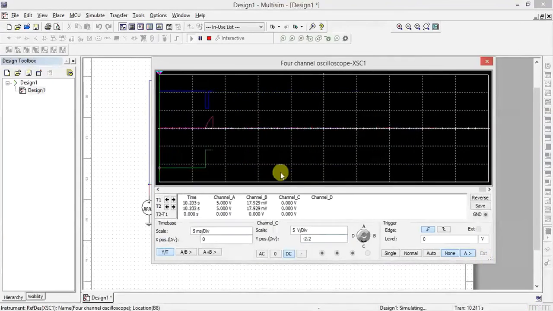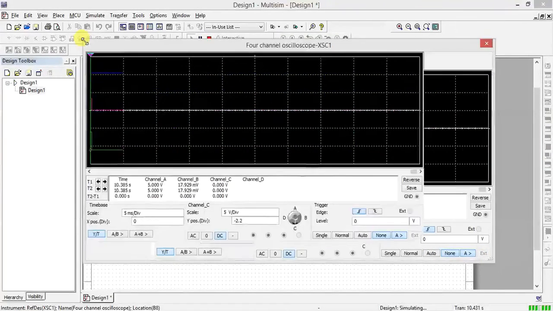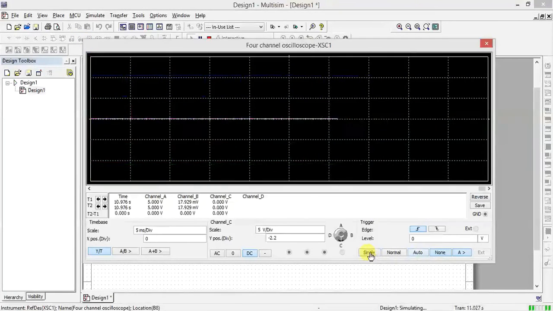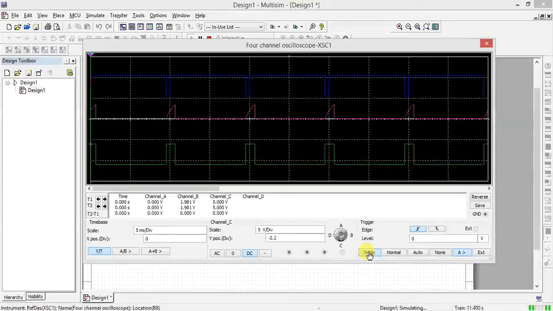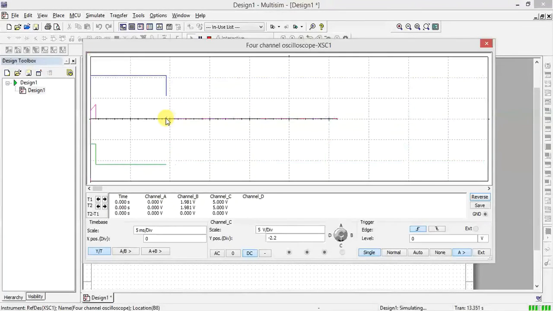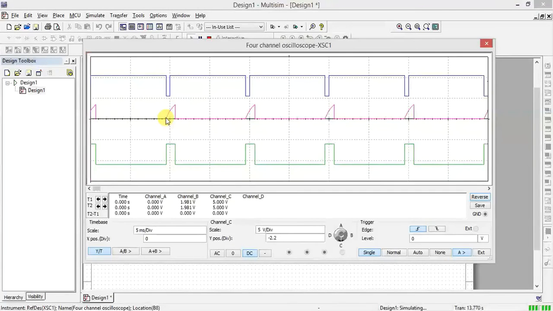All of you please observe. This is similar to what we got there. If you want only a single side, you can click single, and if you want to invert, reverse the color. Whenever you apply a negative pulse, the capacitor starts charging from 0 to VCC.